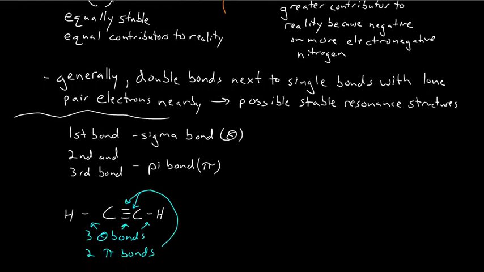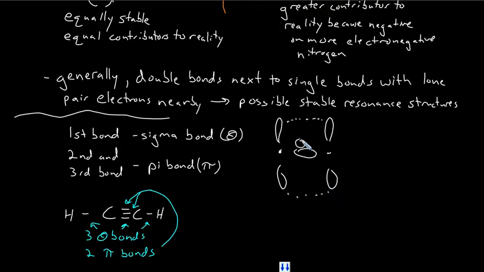Okay. One more side note here. On the AP exam, you don't need to know very much about sigma bonds or pi bonds. I'll tell you that sigma bonds have electrons held more closely between the nuclei, whereas pi bonds form from electrons being shared between p orbitals.